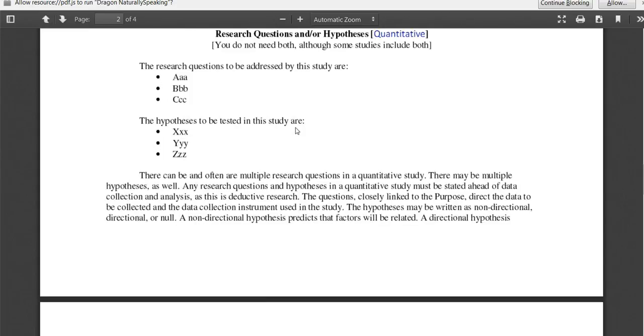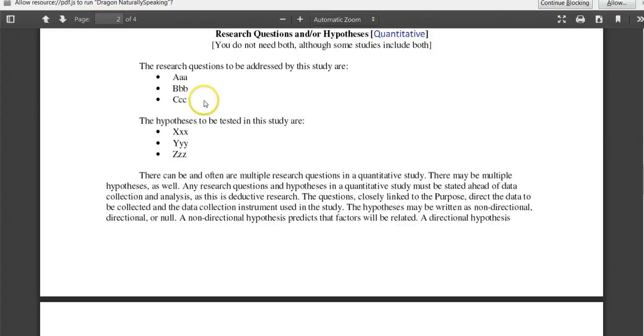If we're talking about quantitative, however, the research questions to be addressed are, and we list those questions. We're generally going to have, say, 3 or 4 questions that we're going to address. They can be yes/no questions.